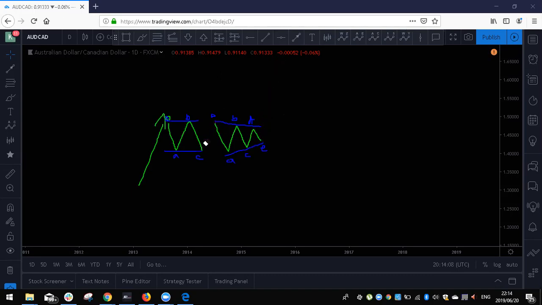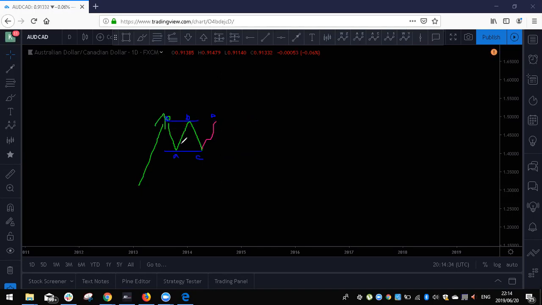Sometimes price may show fake momentum there. This is now becoming a bad example, so let me remove the triangle. I'll tell you why.